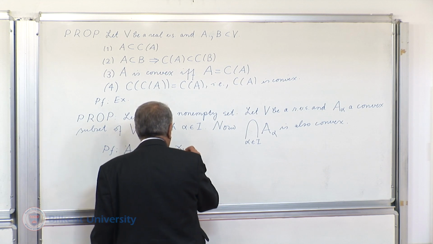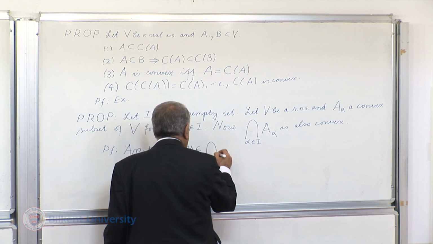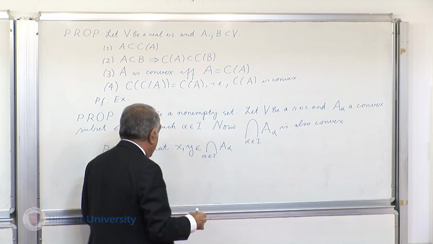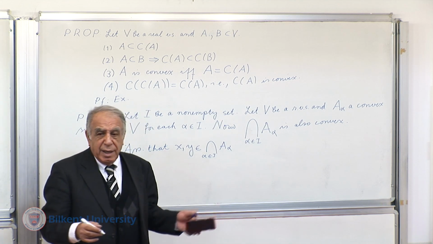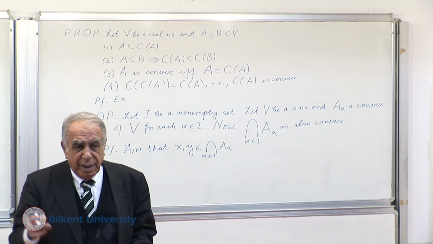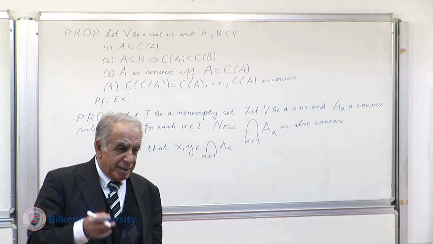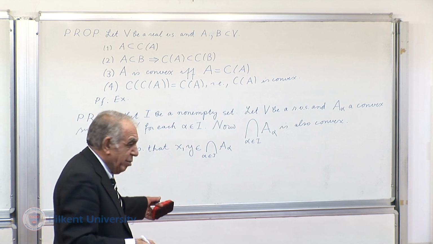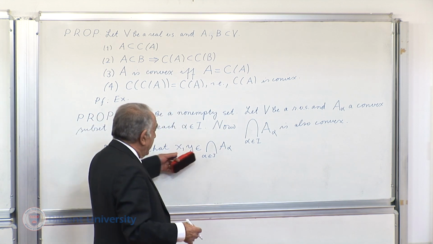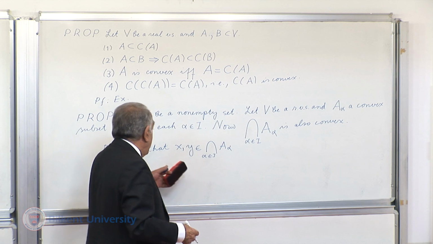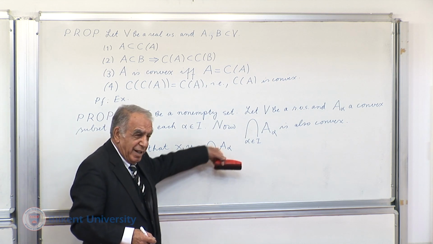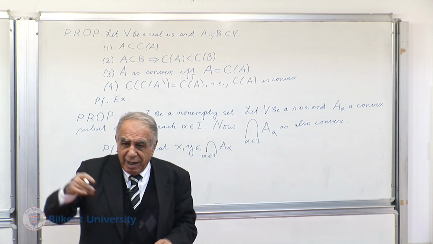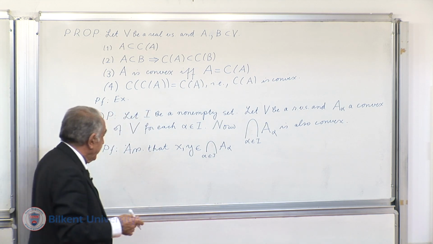Assume that x, y belong to this intersection. That's why I'm not saying let x, y be in here, because then I would have the responsibility of showing that there are such x, y. But here, if this is empty, this will be a false statement, and a false statement implying any statement will be true as well.